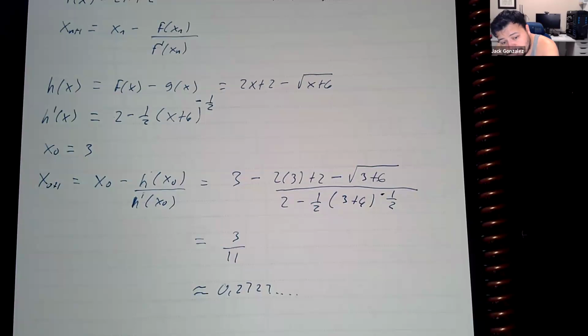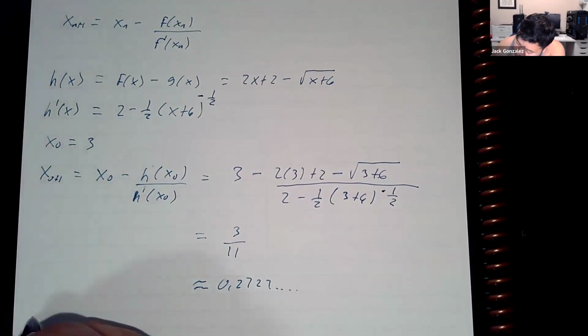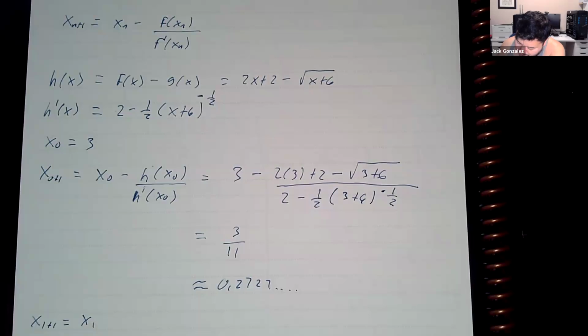So that's x1. Then you would do it again. So x1 plus 1 is equal to x1 minus h at x1 over the derivative at x1.